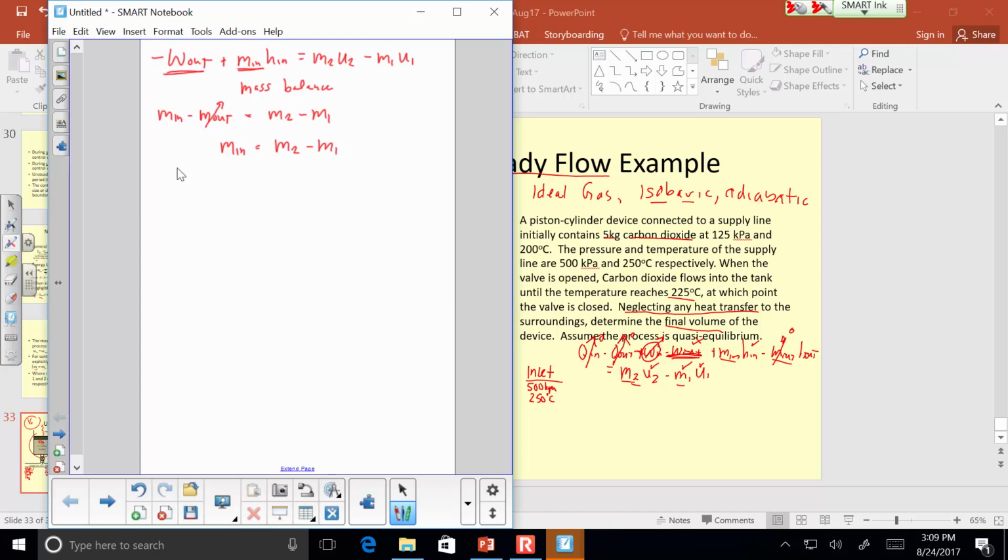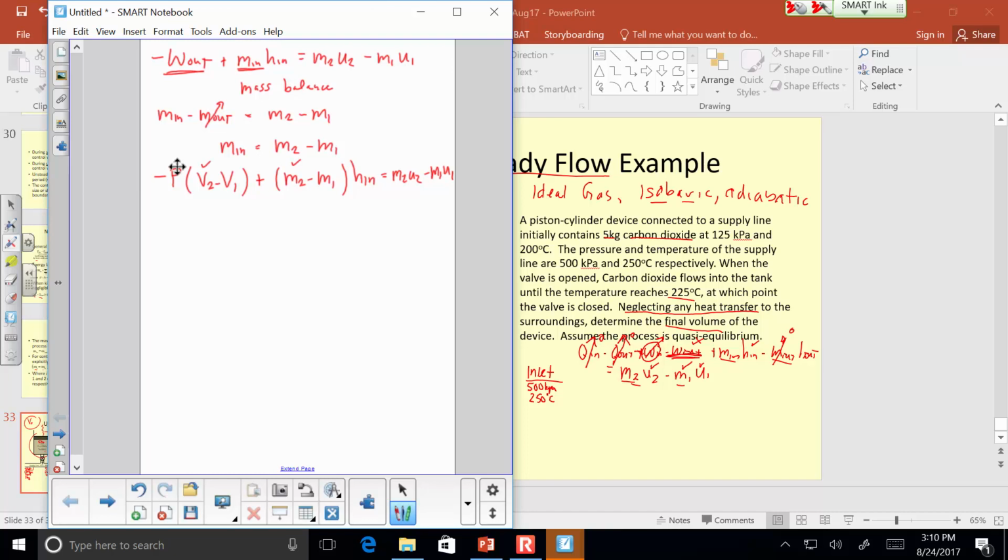We're also going to expand our boundary work term, so we have negative P times V2 minus V1 plus M2 minus M1 multiplied by H in is equal to M2U2 minus M1U1. Okay, so now we just have two unknowns in our equation, this M2 and this V2.